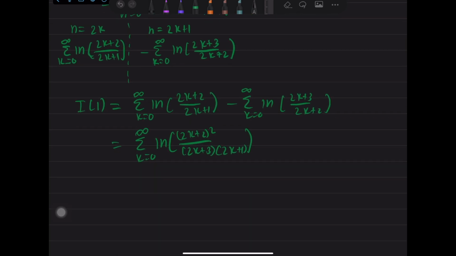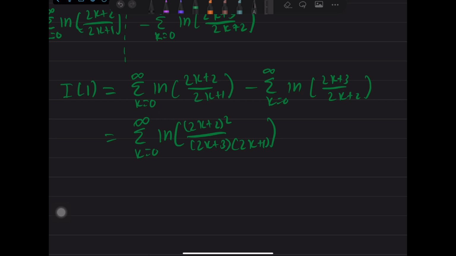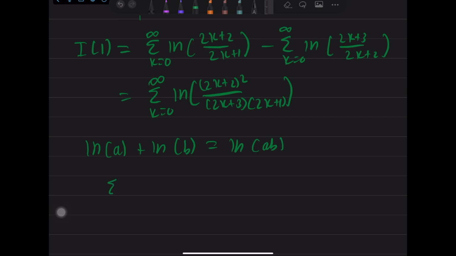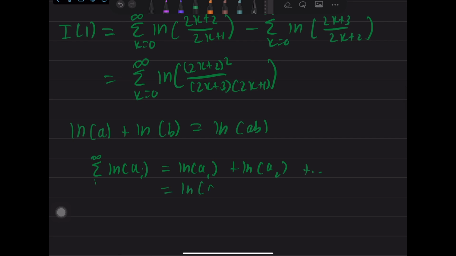So now what we're going to do is convert this infinite series into an infinite product. So notice that ln of a plus ln of b is the same as ln of ab, right? When we're taking the summation, let's say the sum of ln of a_i is just ln of a1 plus ln of a2, on and on to infinity. So this is the same as ln of a1 times a2 times a3 and all the way on and on.